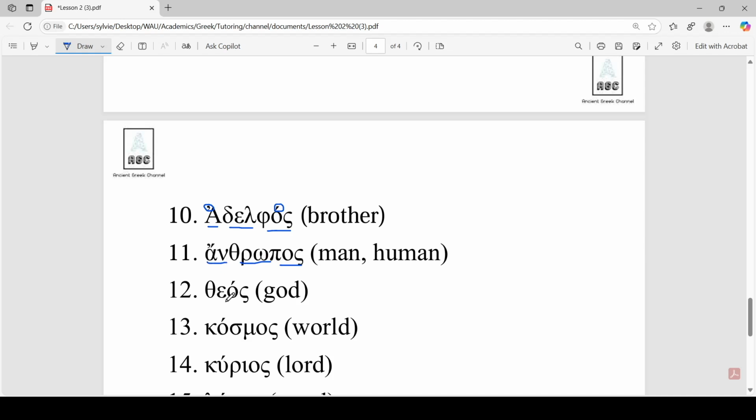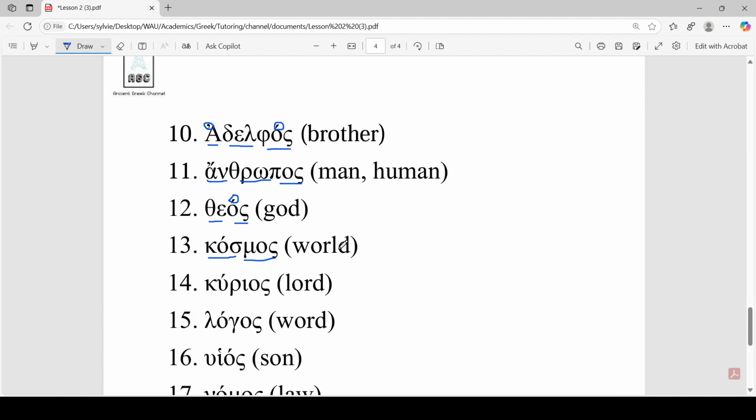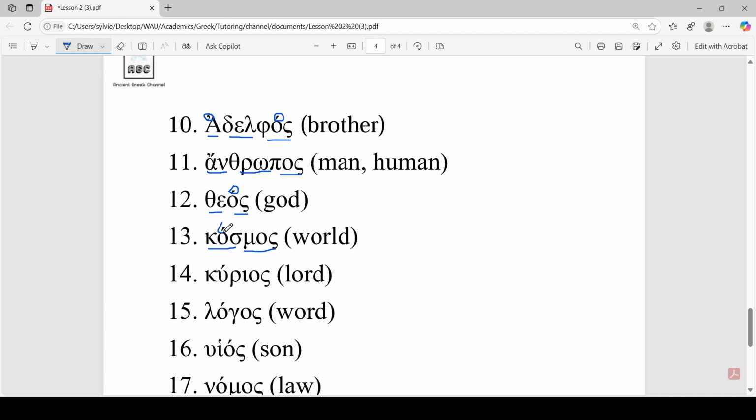And this word, very common word in the New Testament Greek, we have two syllables here. And we only have an acute accent over the omicron. So it's going to be theos. Theos. That means God. Can you pronounce this? Yes, you're right.